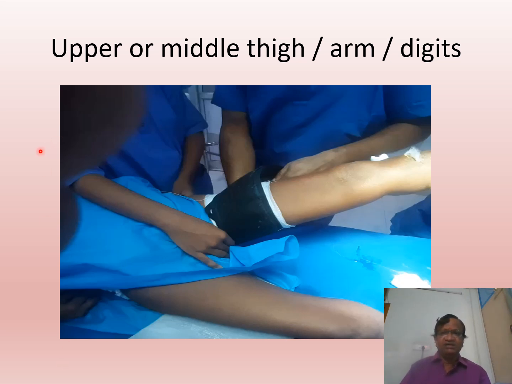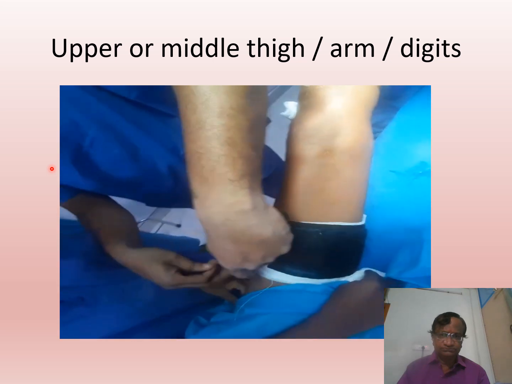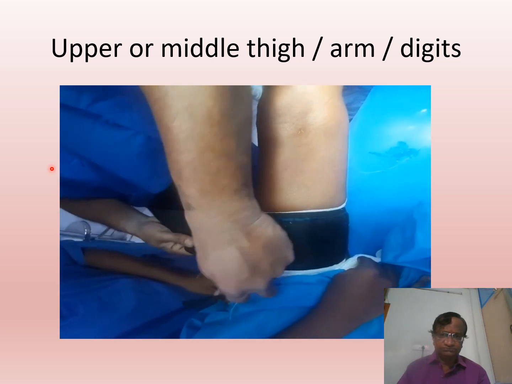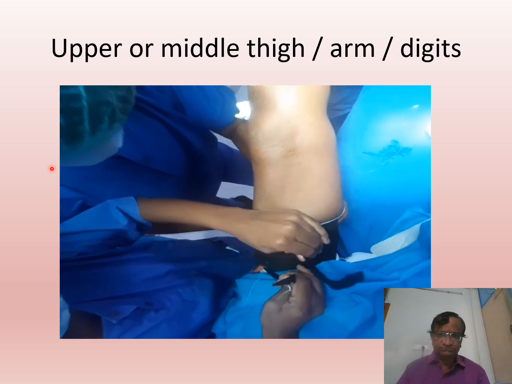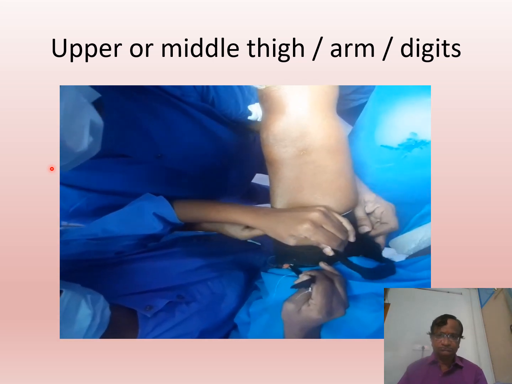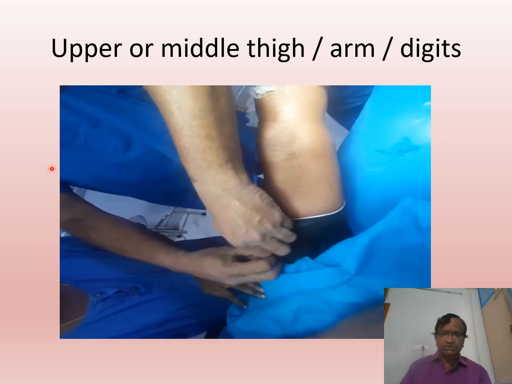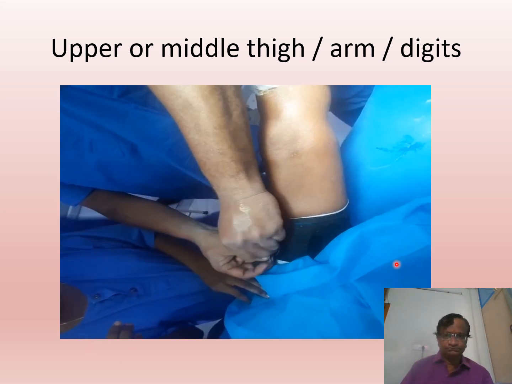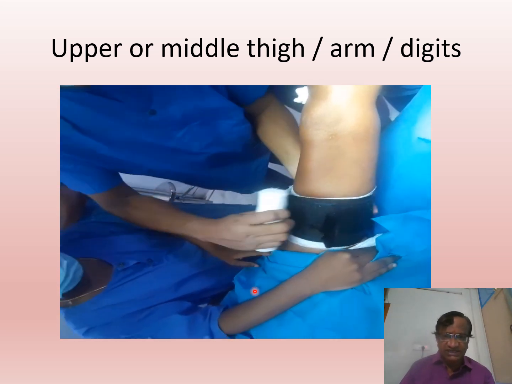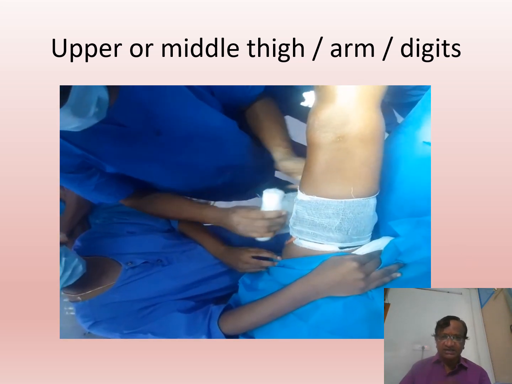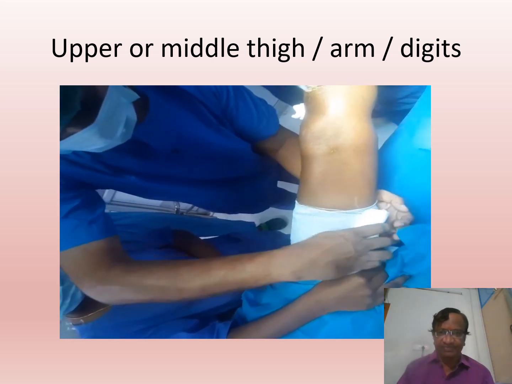Now you see upper arm, middle thigh, arms, digits, etc. Now you can see the foam here, and it is tucked in, and the bag is exactly surrounding the limb, and you can see this beautifully wrapped.